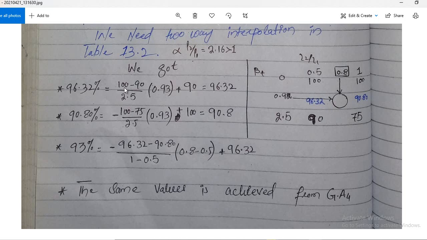All the formulas are here: how I got this value, and how I got this final value, that is 93% or 0.93, and I already obtained this 0.93 from graph F4.